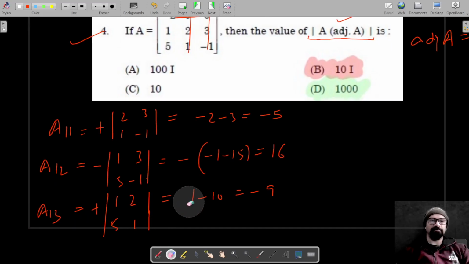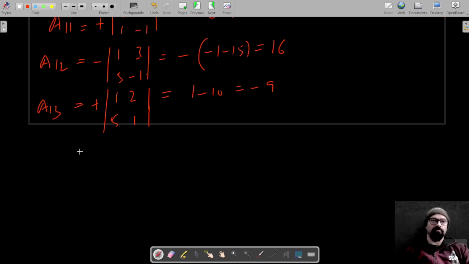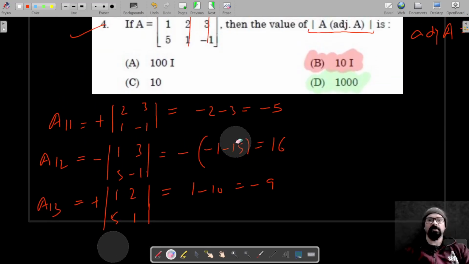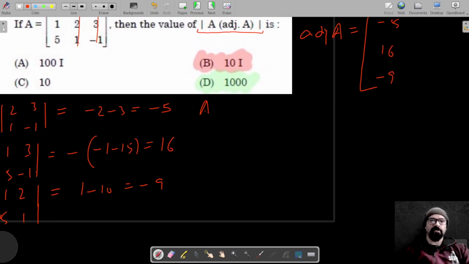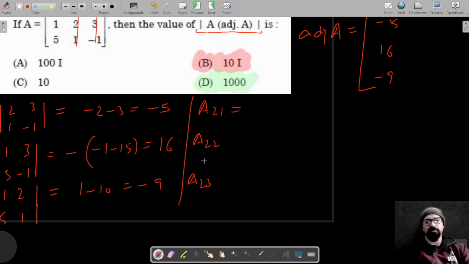Similarly, we can find the cofactors A21, A22, and A23. So these cofactors come out as 0, 2, and 2.